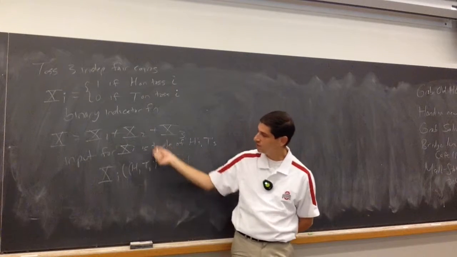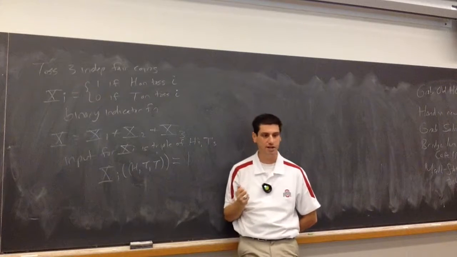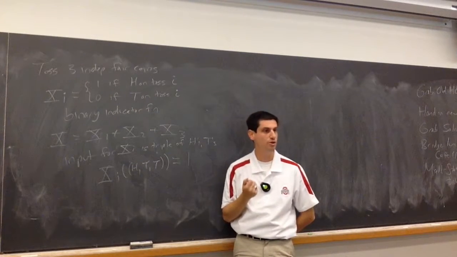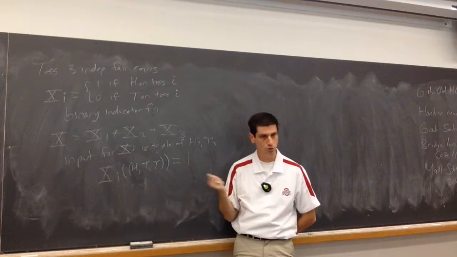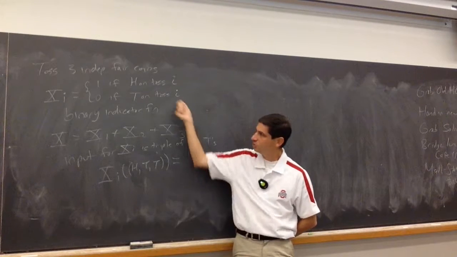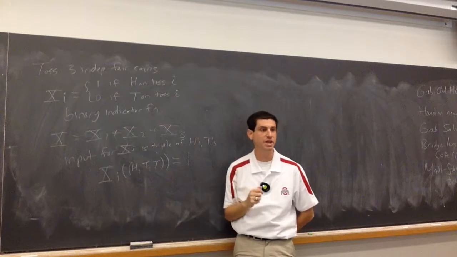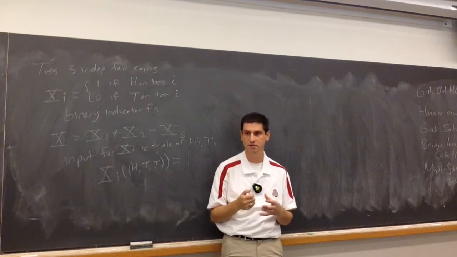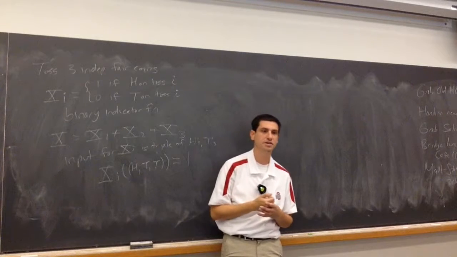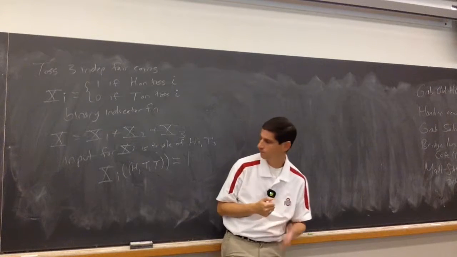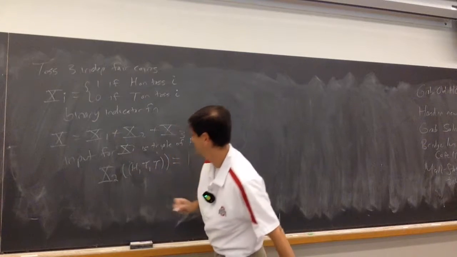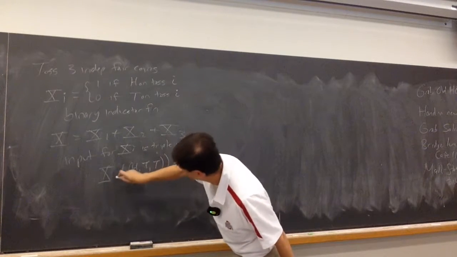What we're really doing here is these X's are defined on triples. Could I define X_i on a singleton, on just one toss? Sure. It's a little more useful, if I want to add them together, to have them all living on the same space. They all take the same event, and now I can add them together. Why is X1 not equal to 1? Oh, sorry, this should be X1.